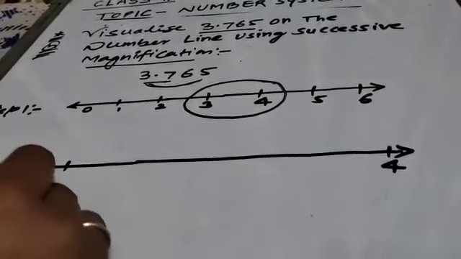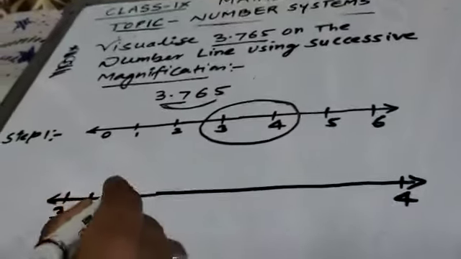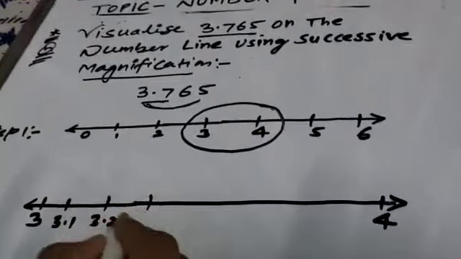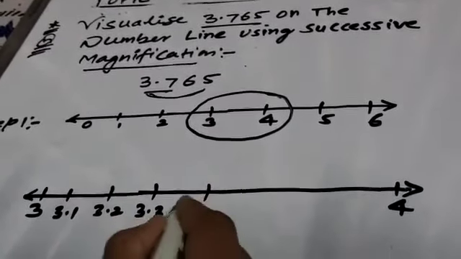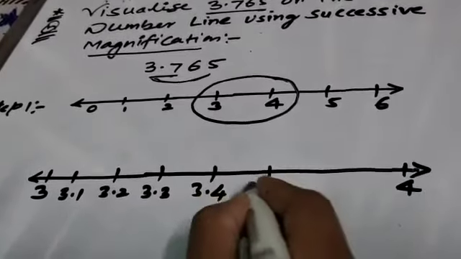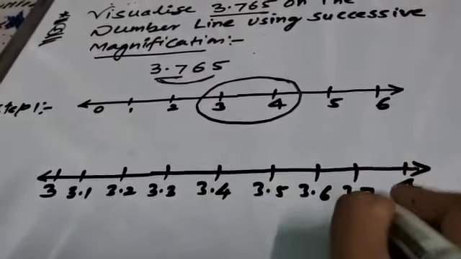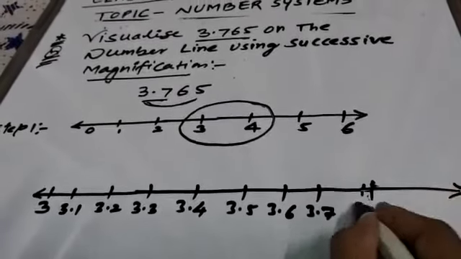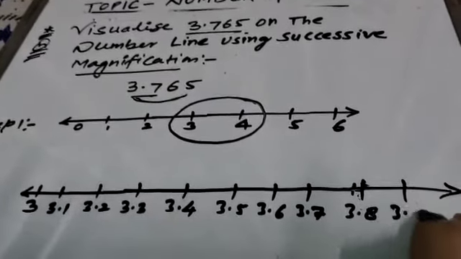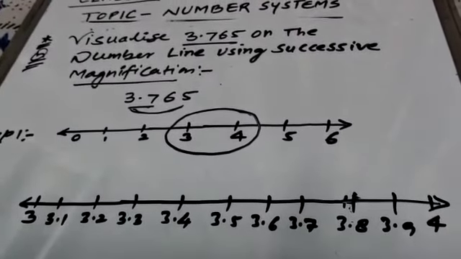After 3 you will get 3.1, then 3.2, 3.3, 3.4, 3.5, 3.6, 3.7, 3.8, 3.9, and after 3.9 you will get 4.